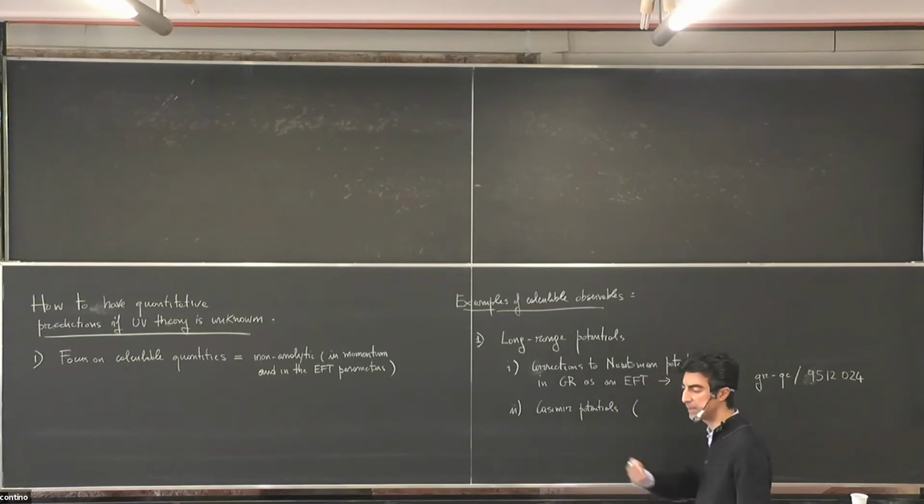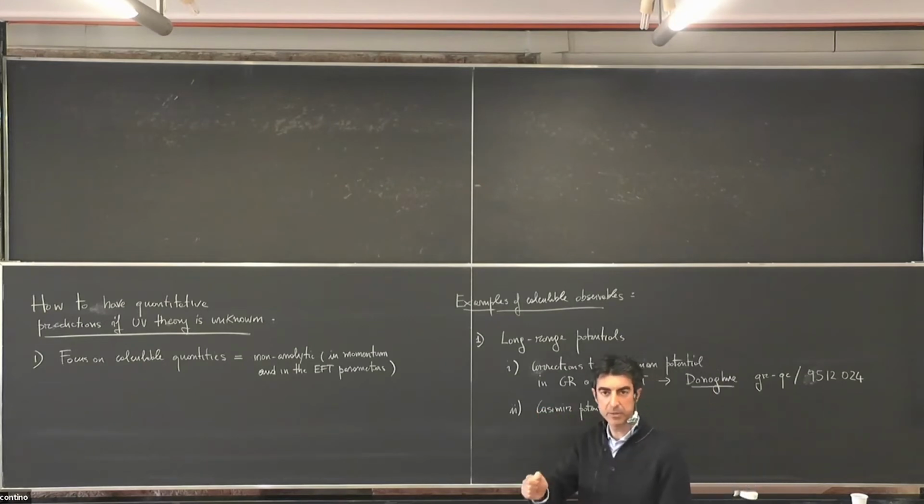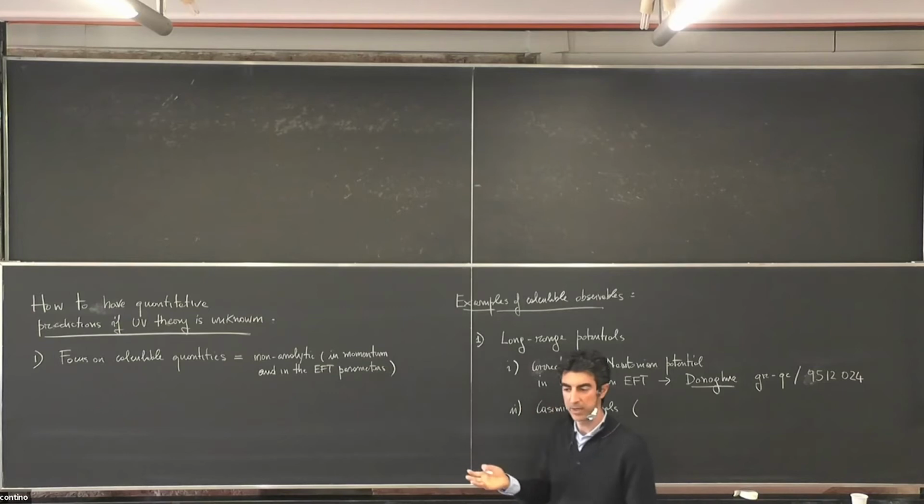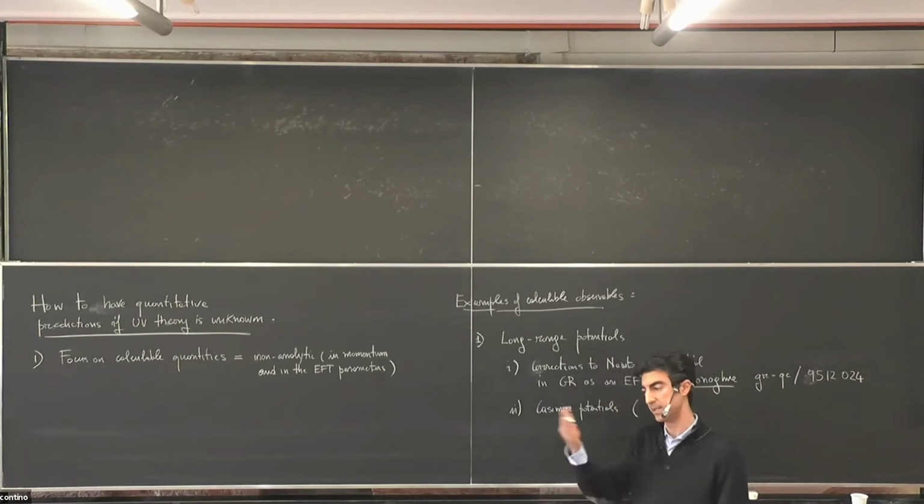And this potential scales like 1 over the radius to the 4th. So this is an example in which there is a non-analytic dependence on a parameter which appears in the effective field theory action, which in this example is 5-dimensional, which in this case is the radius.